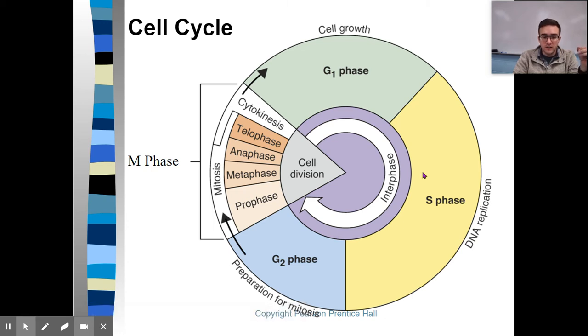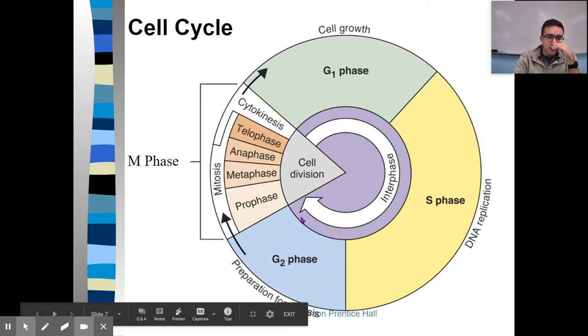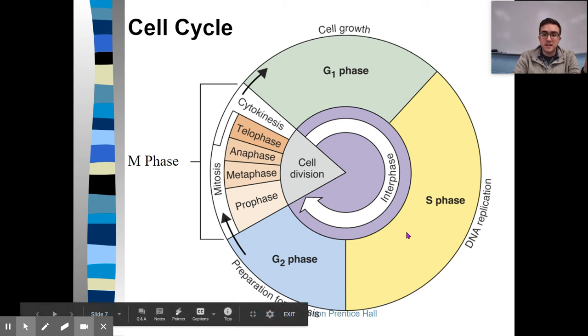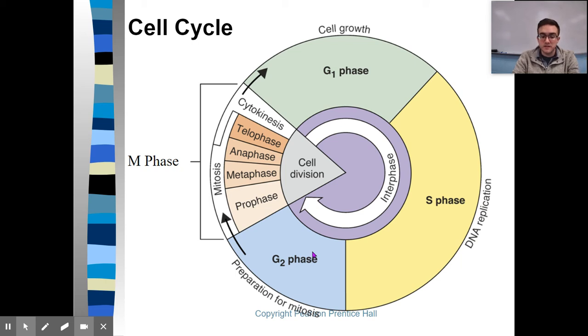And then the M phase for somatic cells, for body cells, goes through mitosis, and mitosis has 5 steps to it: prophase, metaphase, anaphase, telophase, and then cytokinesis. I have a whole separate video on mitosis, so we're just worrying about interphase right here. So let's take a closer look at these 3 different phases that make up interphase.